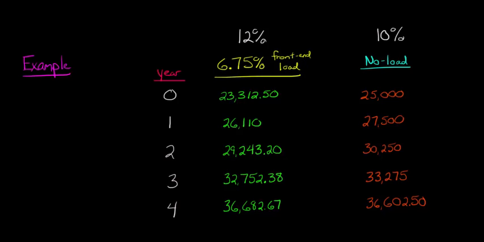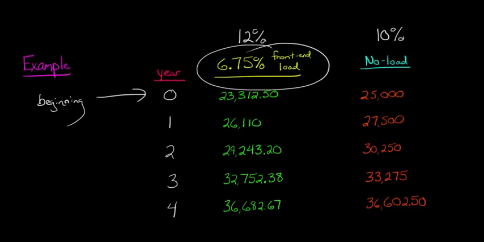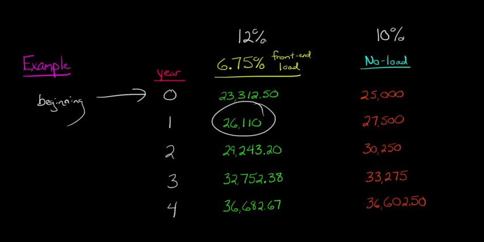When we say year zero here, what I'm talking about is the beginning, the start date. You start out with $25,000 in the no-load fund because you didn't have to pay a load. But since there's a front-end load in this other fund, you start out with that $23,312.50 that we just calculated in the example before. At the end of year one, you have $26,110 in your load fund, and you have $27,500 in the no-load fund. The no-load fund is only returning 10%, whereas the load fund is returning 2% higher.